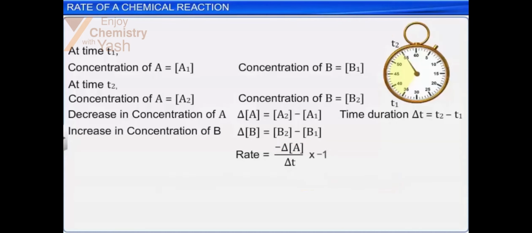So we multiply it by -1 to make it a positive quantity, as the rate of a chemical reaction is always positive.